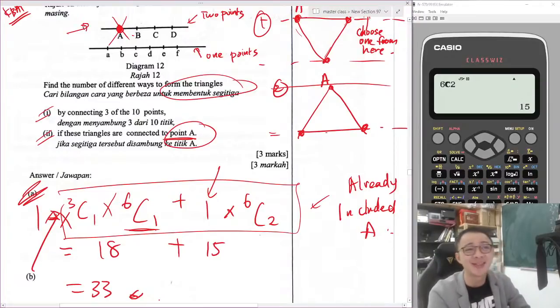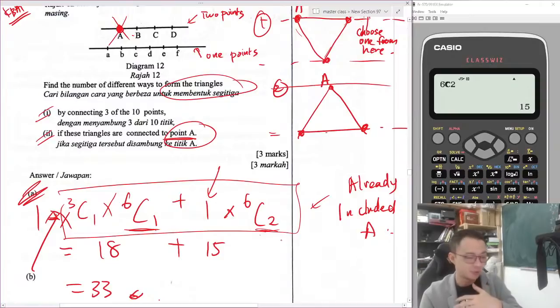It's because they don't say they want to have a letter A, right? So I will just use 6C2. 6C2 is the bottom one, isn't it? Yeah. Question 12. Why is question 12 not 6C1 but 6C2?